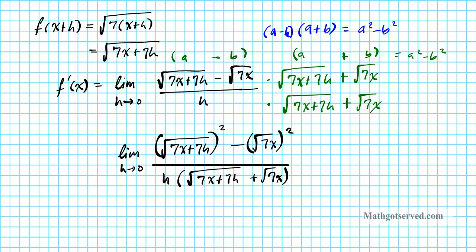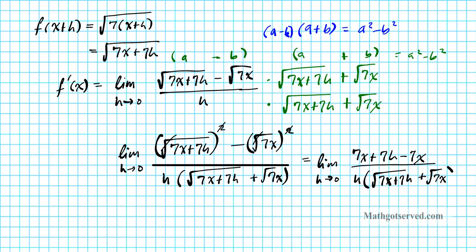Okay? Now if we simplify the top, the square and the square roots cancel out. So we're going to have the limit as h approaches 0 of 7x plus 7h. On the right side, the square and the square root cancel out, minus 7x, over h times the square root of 7x plus 7h plus the square root of 7x.